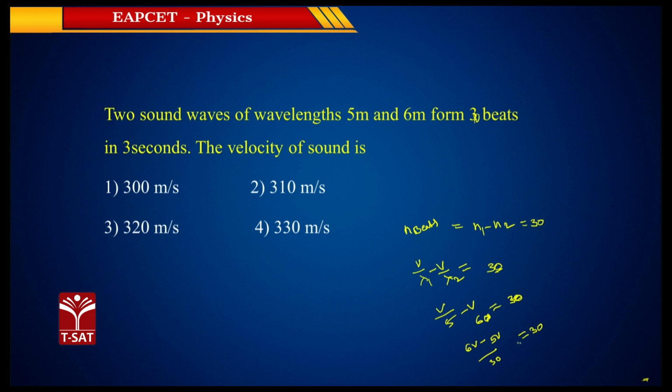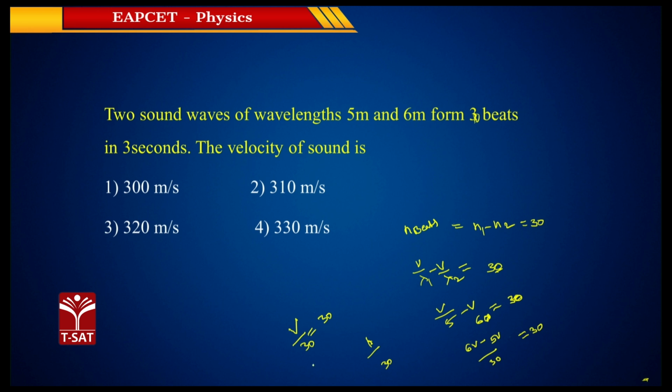What happened here? 6v minus 5v is v, so v by 30 is equal to 30.